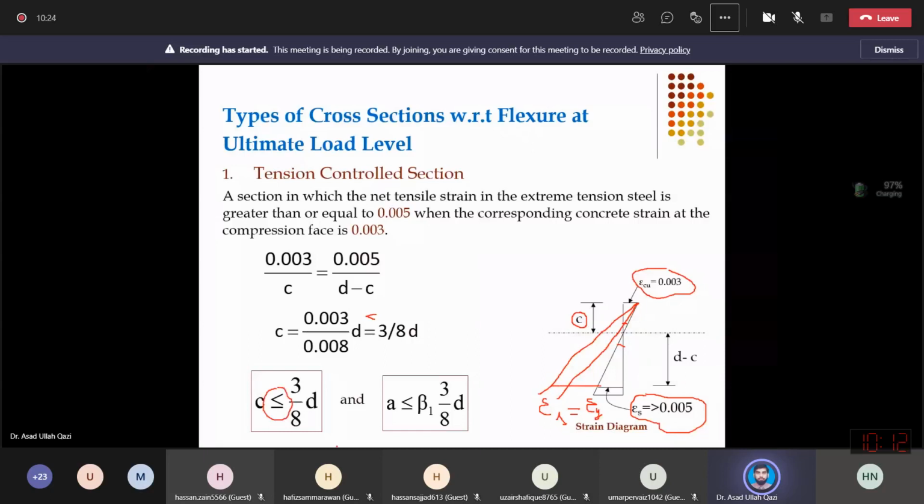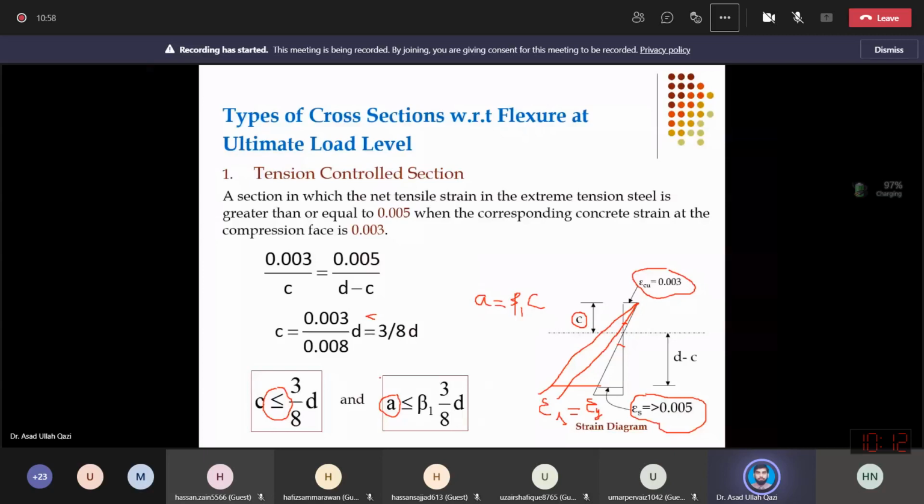And this neutral axis depth we are going to use in our various derivations because this is very important depth, and we can calculate from C, A because we have the relationship developed between A and C, which is A equal to beta 1 C.